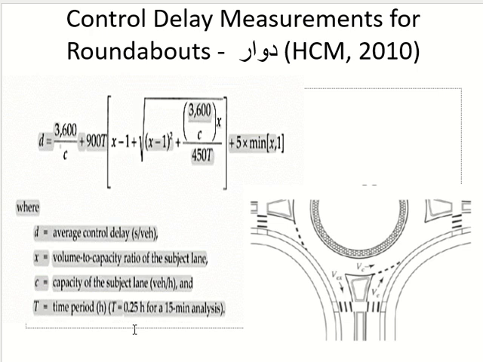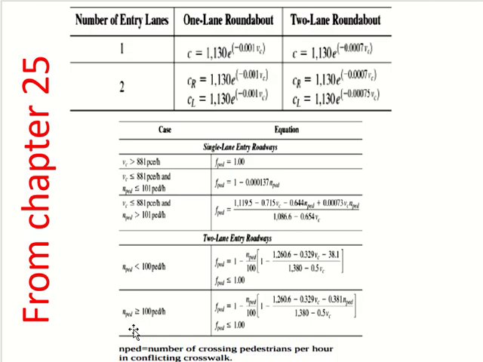Now, how to find out the capacity? The first table gives you the equations for capacity. The selection of equation depends upon how many lanes you have on the road and how many lanes you have on the roundabout. Lanes of the road, lanes of the roundabout.